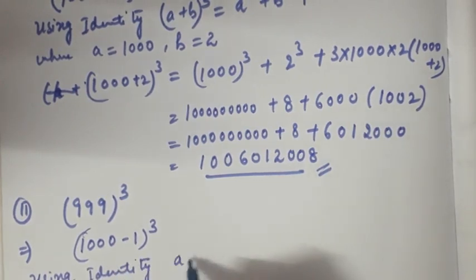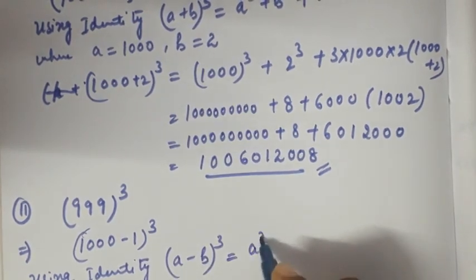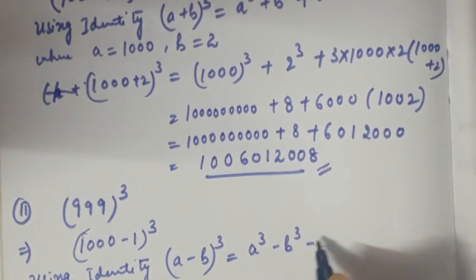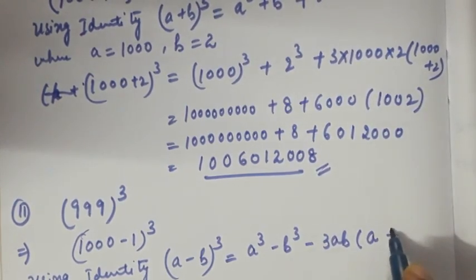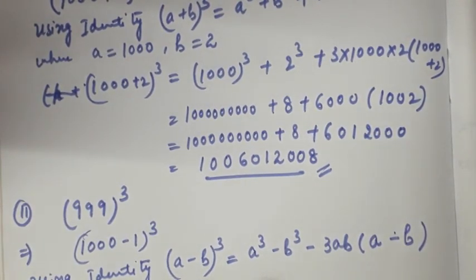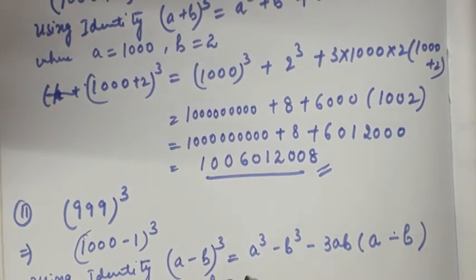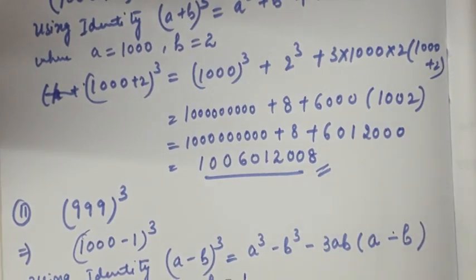The identity is (a − b) whole cube, which is a cube minus b cube minus 3ab(a − b). Here a is equal to 1000 and b is equal to 1, so you can substitute the values here to get the expansion.